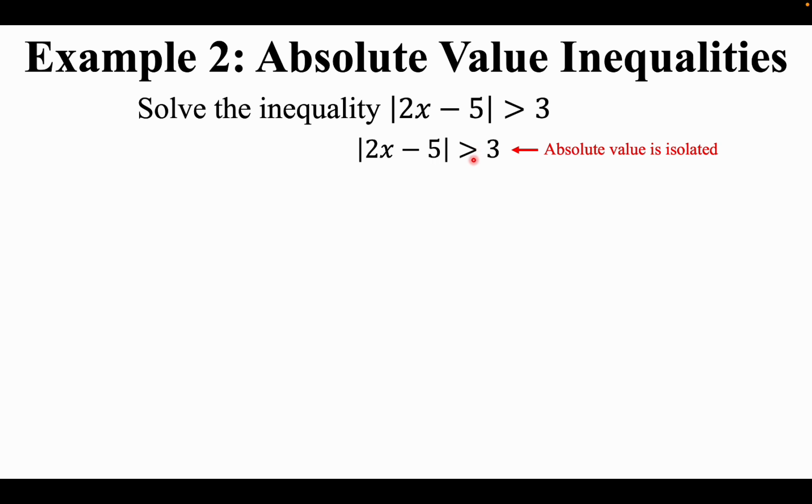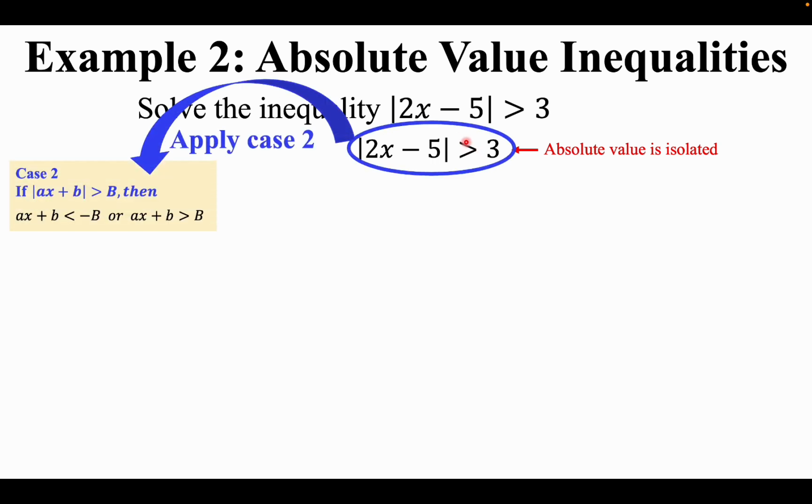The symbol says bigger than 3, and that is case number 2. So we have to apply case number 2. What does it say? Case 2 says if you have an absolute value isolated on one side with a bigger than symbol, and this number is positive, which is what we have, then you can make two different inequalities out of this.